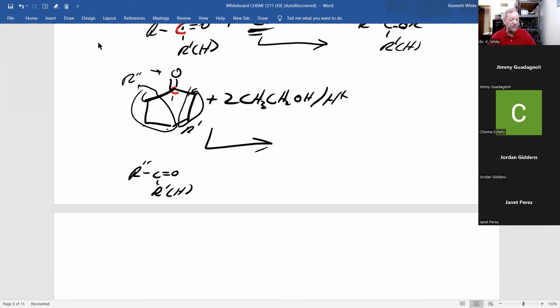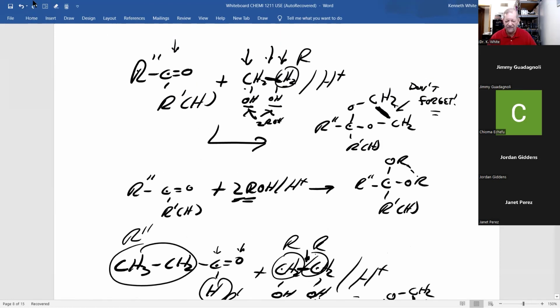Now, it just so happens this molecule, they're connected together. Two of carbon-carbon OH, two alcohol, acid catalyst.